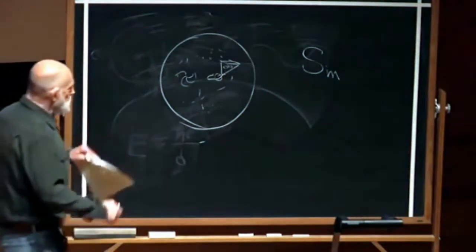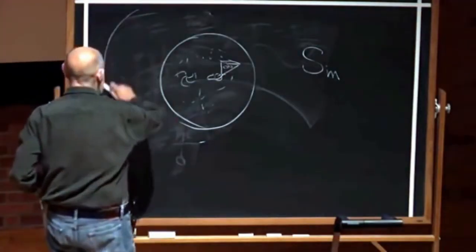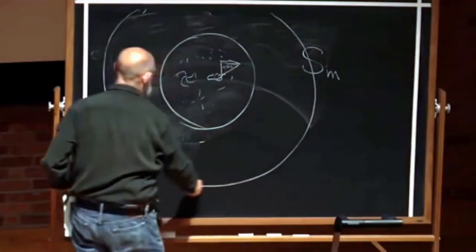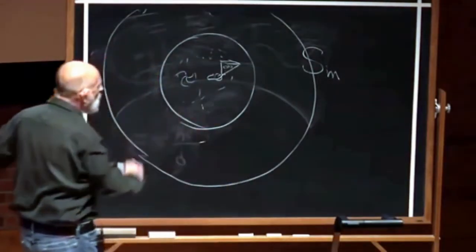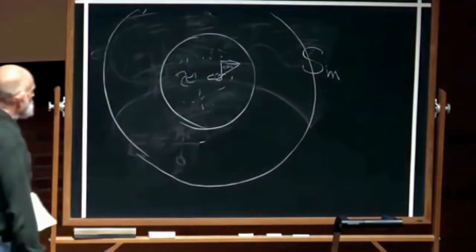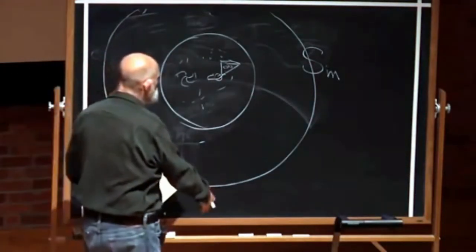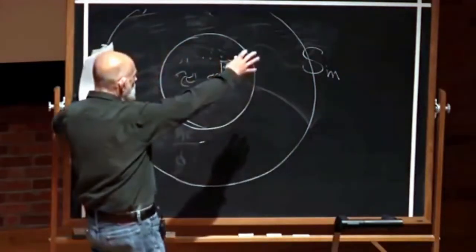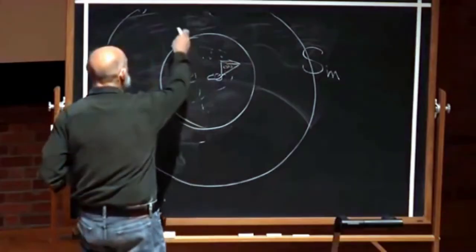Now let's imagine that we have a large shell of material. We create a large shell of material out of whatever material we have available, interstellar gas, whatever it happens to be, and we arrange it in a shell, and then we project it inward so that it starts to fall in toward this region.